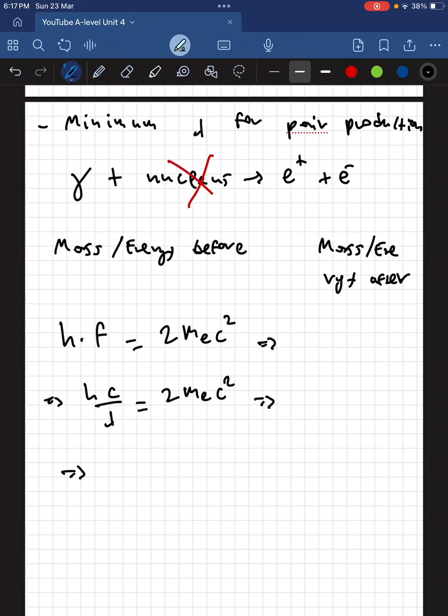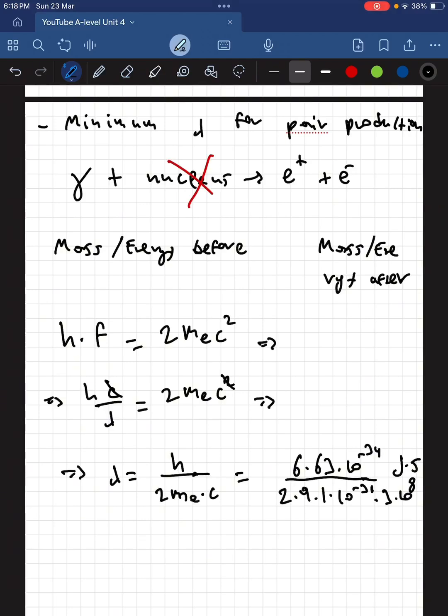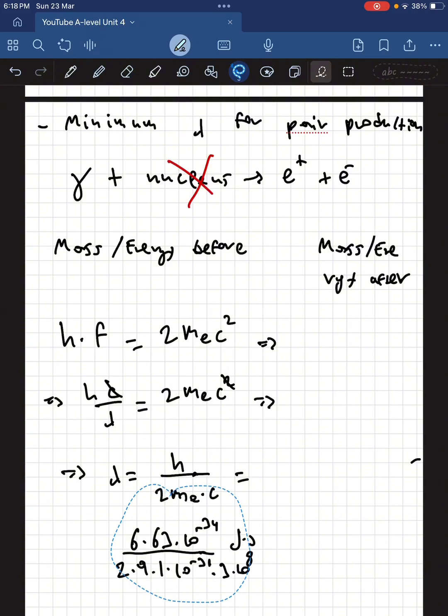So lambda should be equal to h, the c cancels, okay? So lambda should be h over 2 times the mass of the electron times c. So we have 6.63 times 10 to the negative 34 joules times seconds, which are the units for Planck's constant, and we have 2 times 9.1 times 10 to the negative 31 times 3 times 10 to the 8.